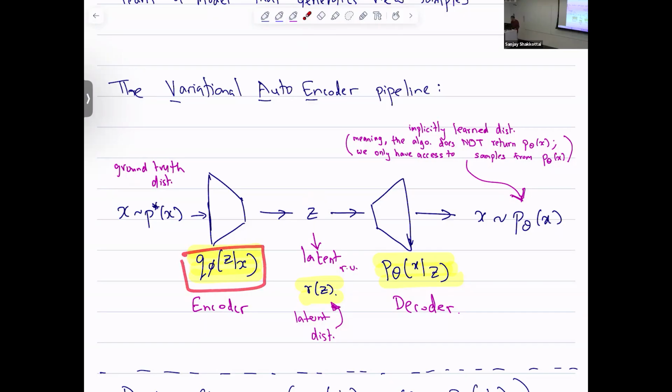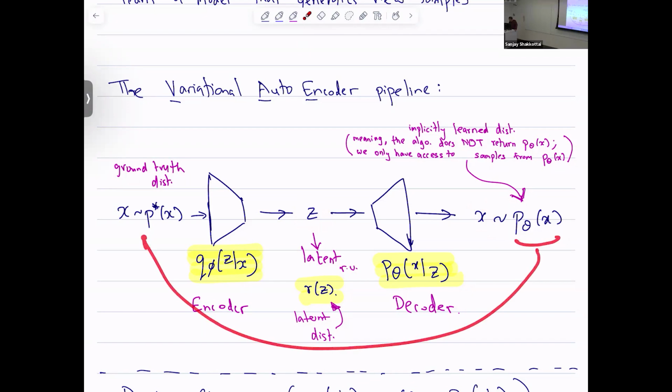So the encoder is a transformation parameterized by phi. It's Q of Z given X, so the output given X. So this is this transformation. The other transformation is parameterized by theta. This is called the decoder. It takes as input Z and spits out an X from P theta of X, and ideally this and this are close. Okay. Is the pipeline clear?